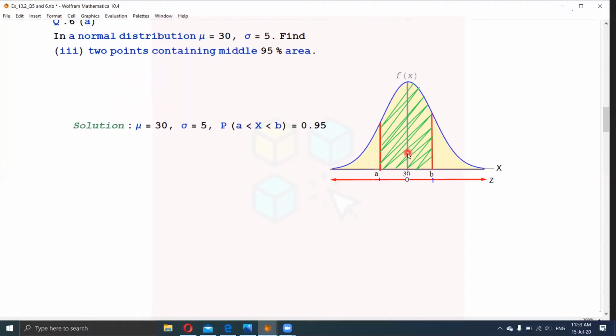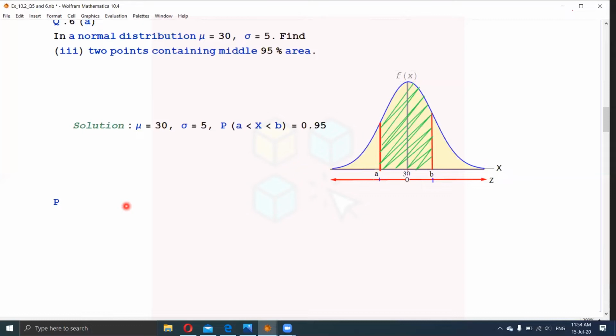from the center, and correspondingly on the scale there are 2 points corresponding to A and B, and between these 2 points the area is 95%. So we can write it here, the area is 95%, which is shaded by the green color.